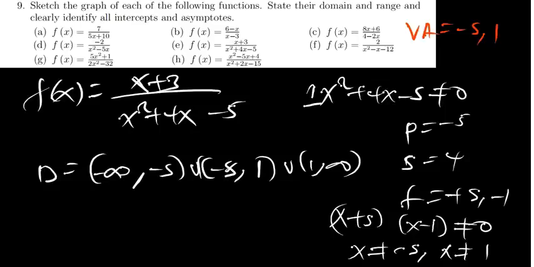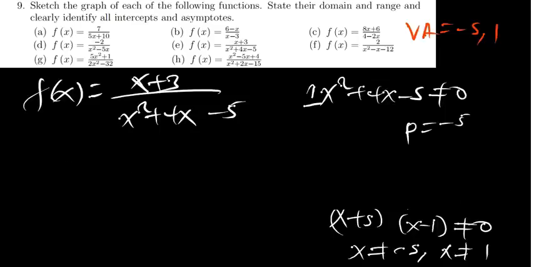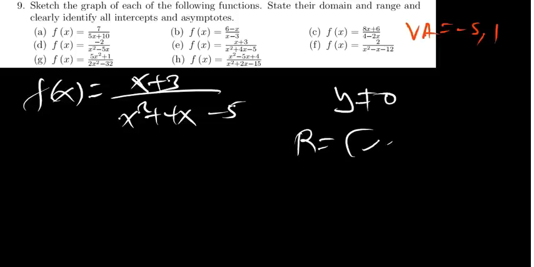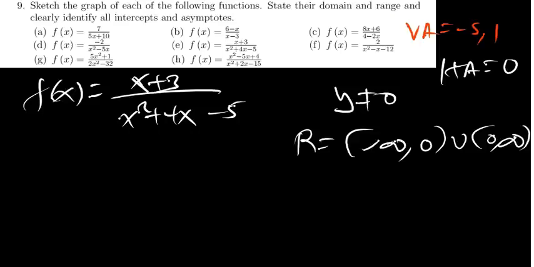Now let's find the range. In this case, this function is bottom heavy. The degree of power of x on the denominator is greater than the degree of power of x on the numerator. So y is not equal to 0. The range will be from -infinity to 0, union 0 to +infinity. This is also our horizontal asymptote at 0.